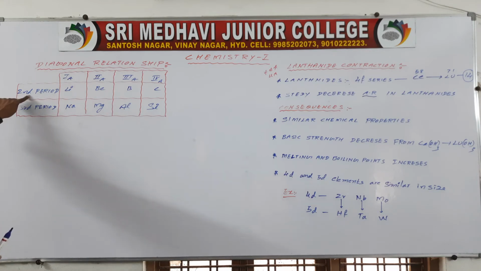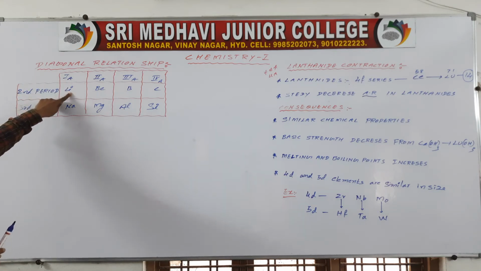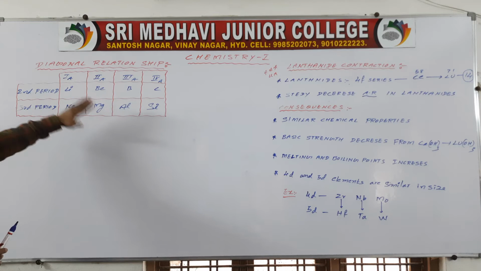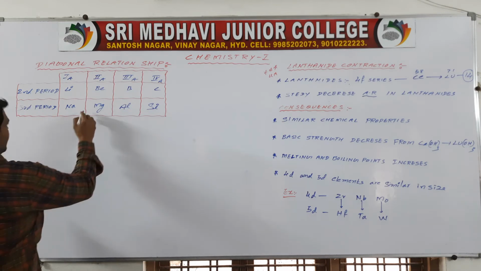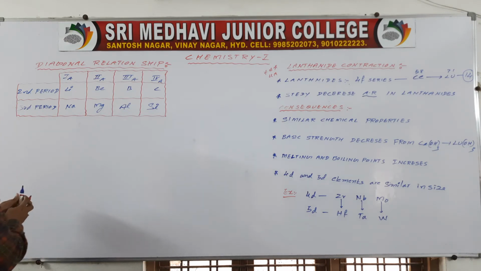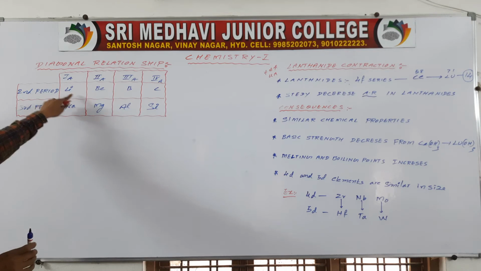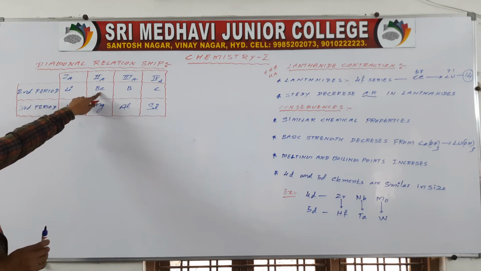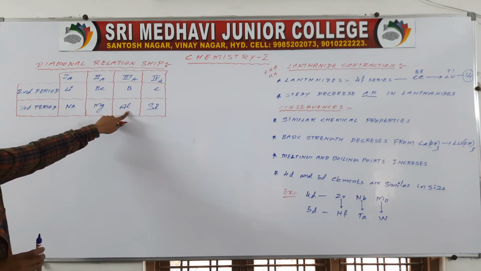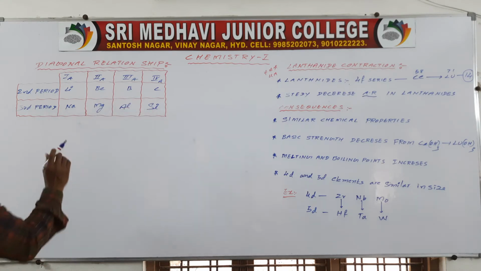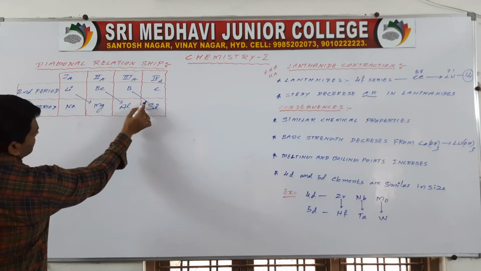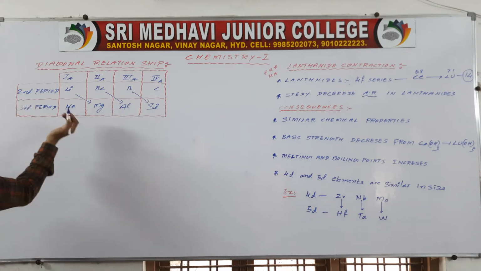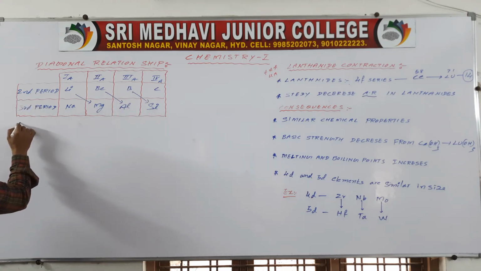Now the second period, first group, first element shows similarities with the third period of the next group. Understand? Here lithium shows similarities with magnesium, beryllium shows similarities with aluminum, boron with silicon, like this. So 3 pairs show similarities.